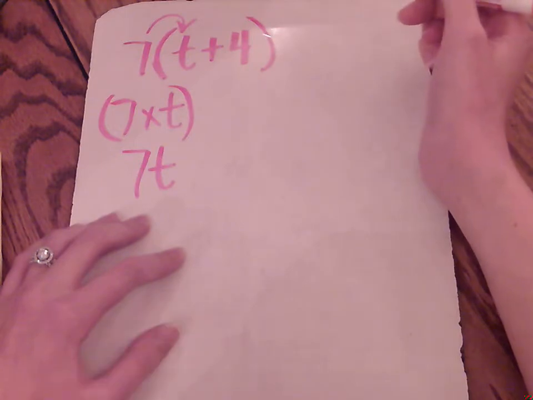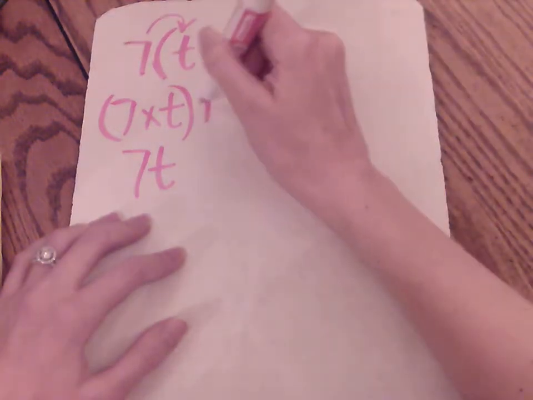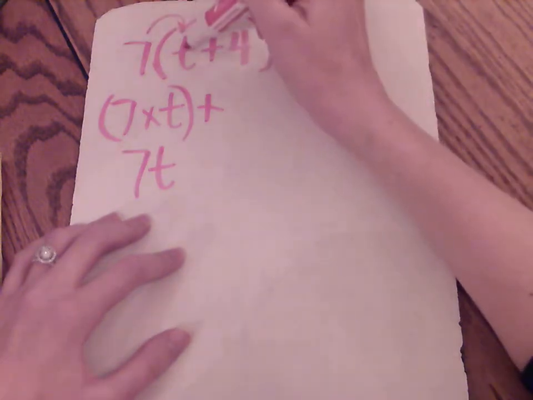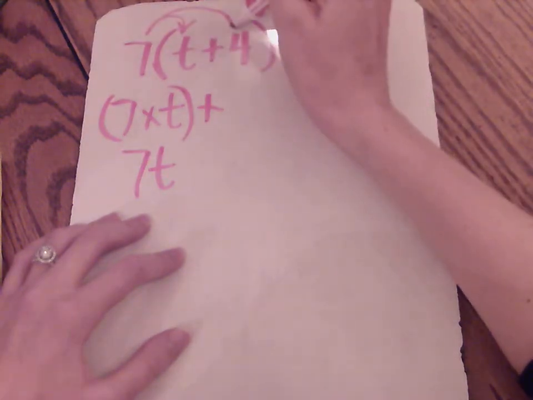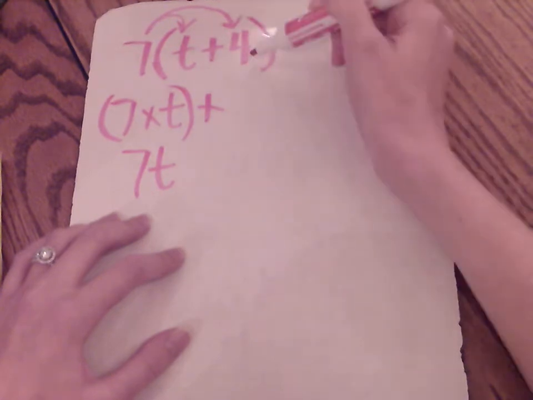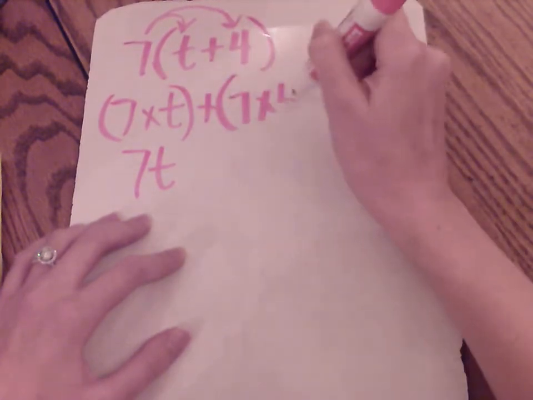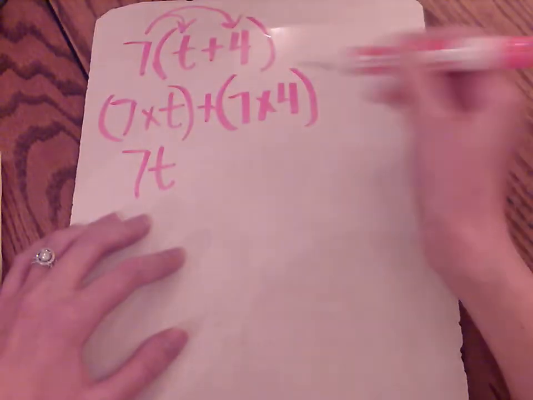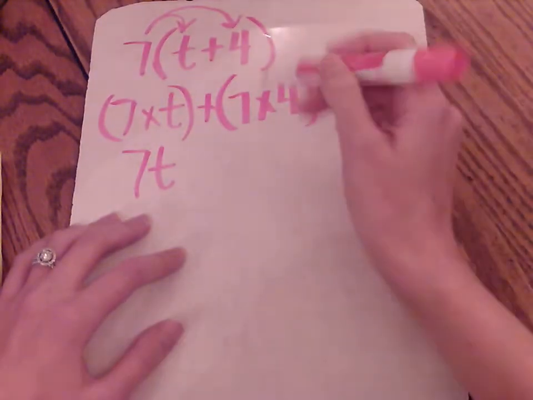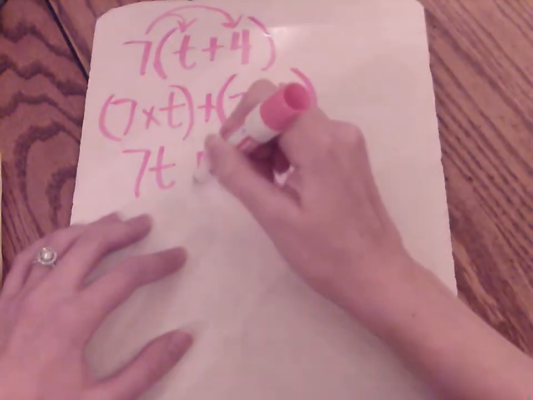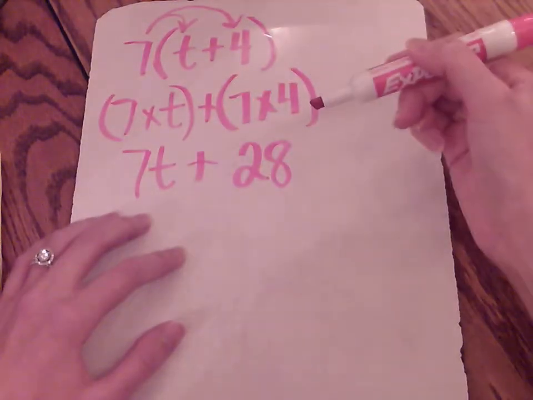So the operation in this case is addition. Okay. And now, since I distributed to the t, I'm going to now distribute the 7, aka multiply to the 4. So I'm looking at 7 times 4. If I were to multiply all of that together, I would get 28. And then I have to keep that addition sign.